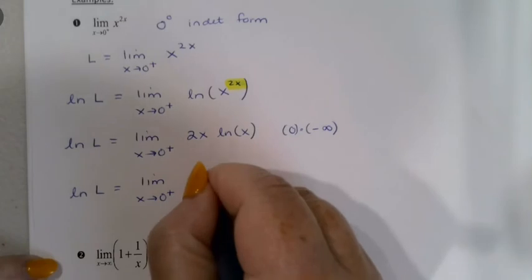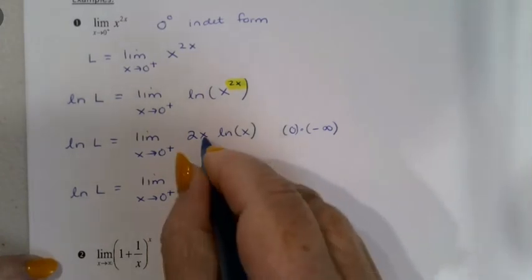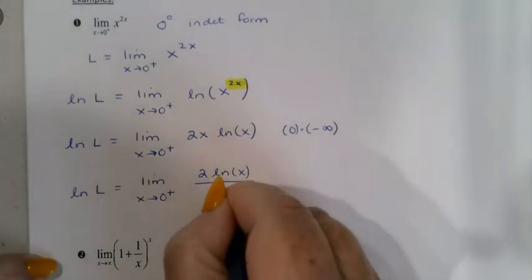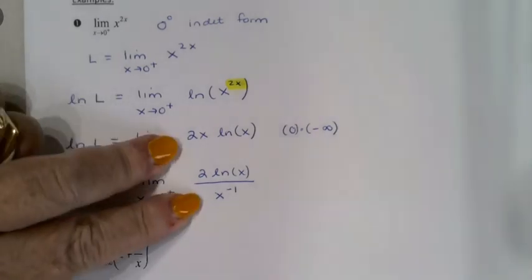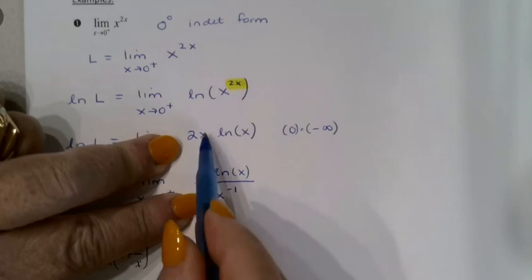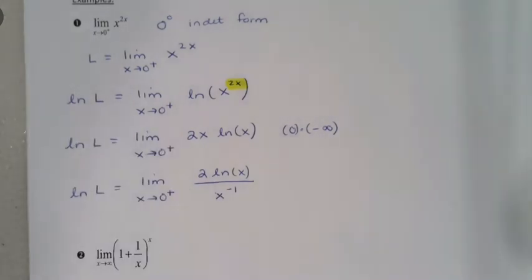So I'm going to leave 2 ln x on top. But if I move that x into the denominator, I could just call it an x to the negative first, right? Those are algebraically equivalent. To move the negative exponent back to the top, I would just make it a positive first power. So those really are the same.